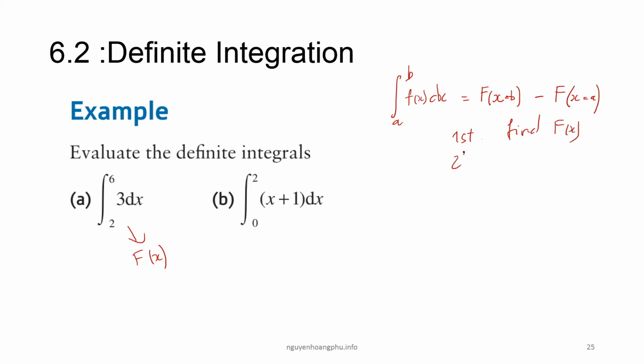The second step is substitute A and B into F(x). The third step is to find the difference.